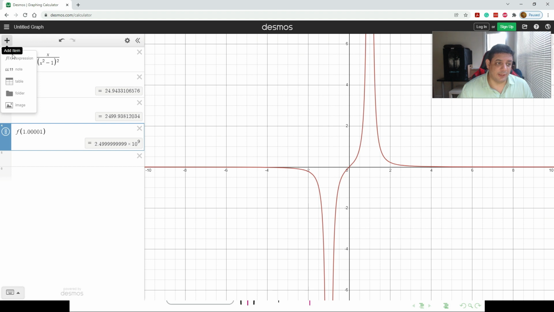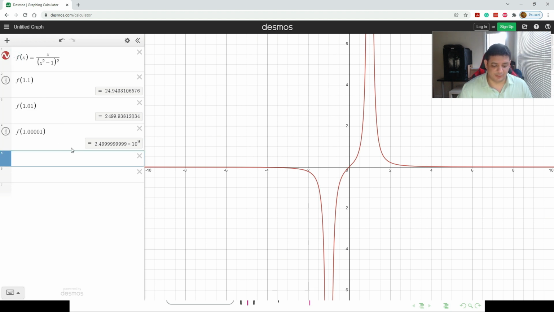Now I've done three values by the right side. Now I'm going to do it by the left.